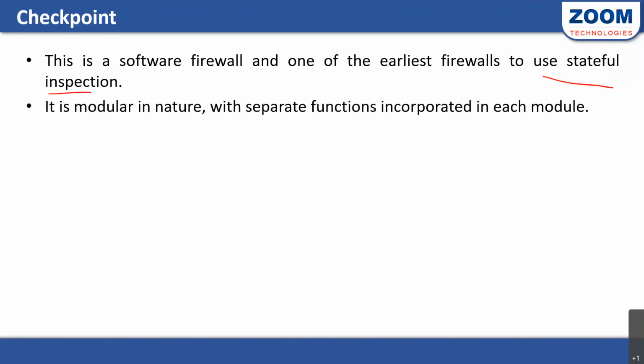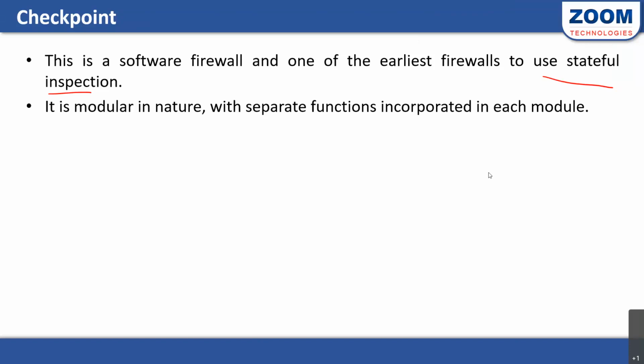Now, Checkpoint firewall basically is a software firewall, but you also have hardware devices from Checkpoint. And whether you go with the software instance of Checkpoint or the hardware device from Checkpoint, in both cases, the actual Checkpoint software running inside your firewall device has different modules, and each module is designed to do a very specific task.